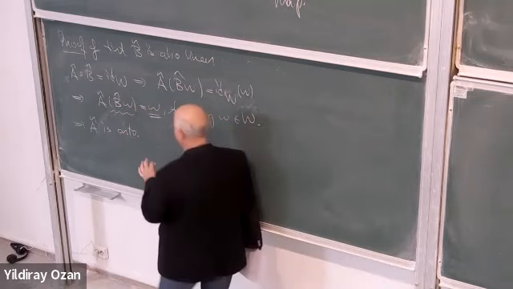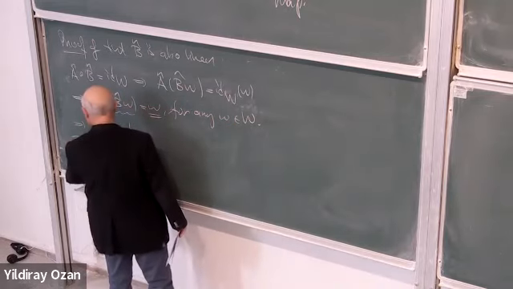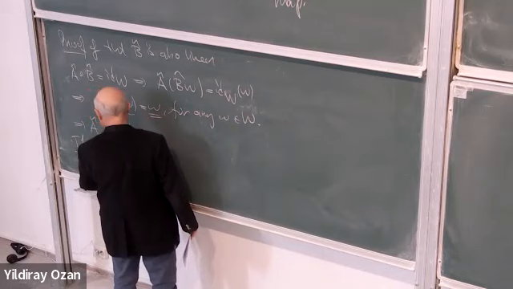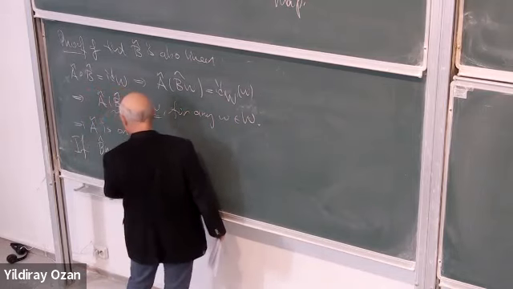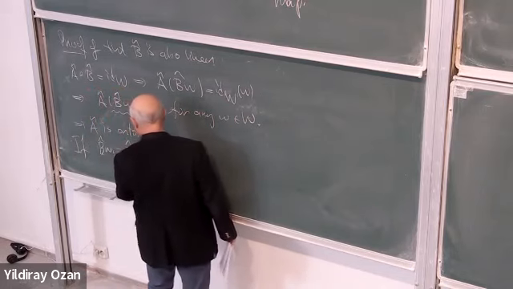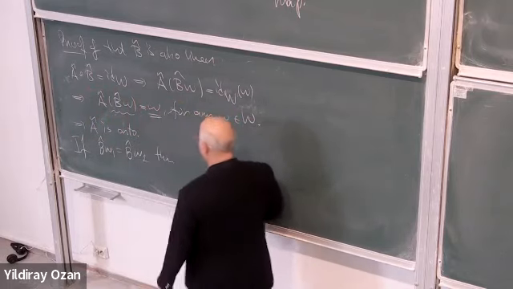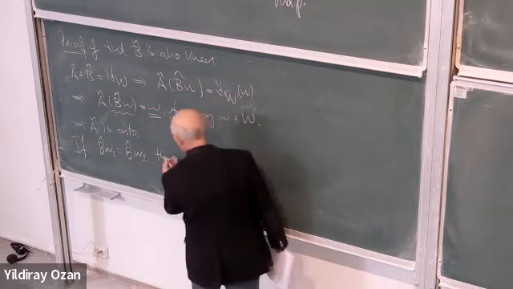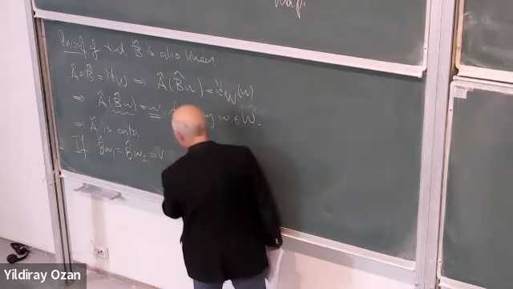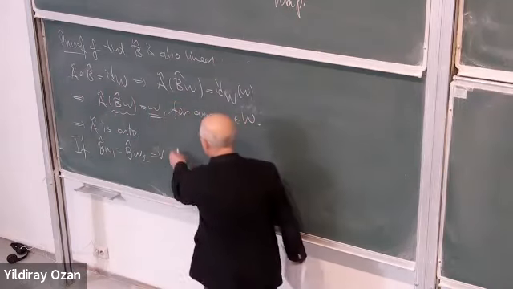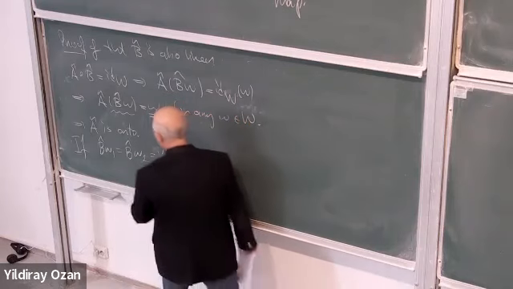How can we see this? If B hat of w1 is equal to B hat of w2, and suppose that these are all equal to some v, then of course we have the following.